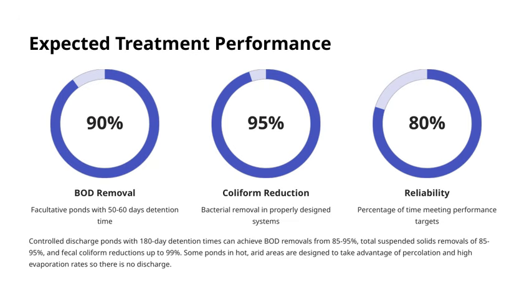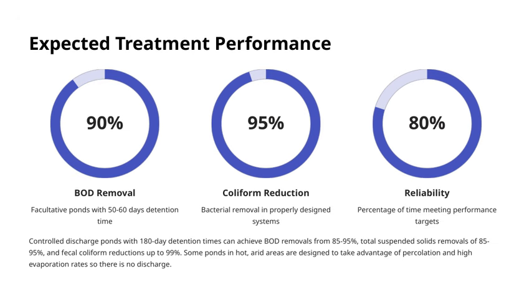Let's take a closer look at the expected treatment performance of these pond systems. First, for BOD removal, facultative ponds with a detention time of 50 to 60 days can typically achieve around 90% removal efficiency. This means they are quite effective at reducing biological oxygen demand, which is crucial for improving water quality.